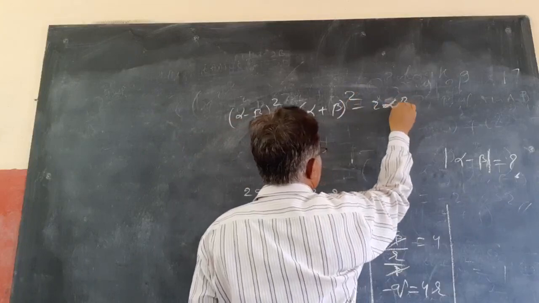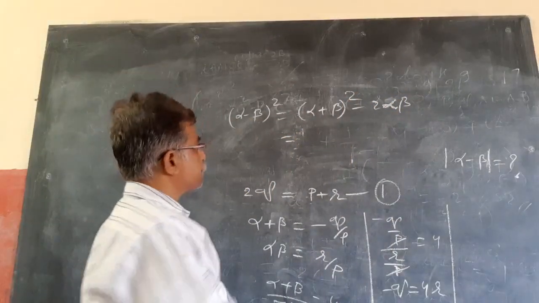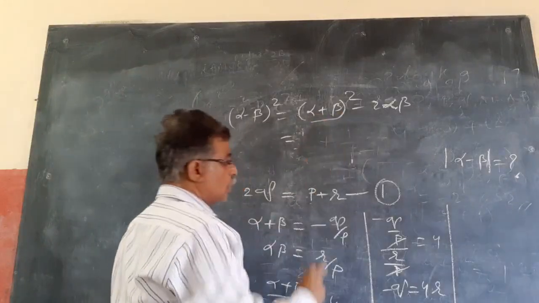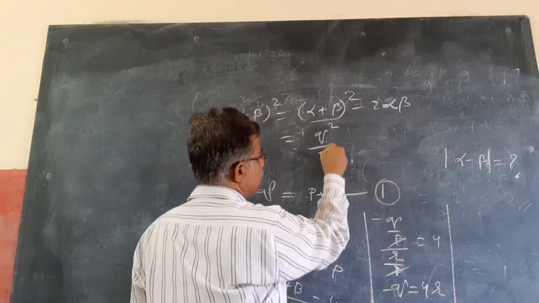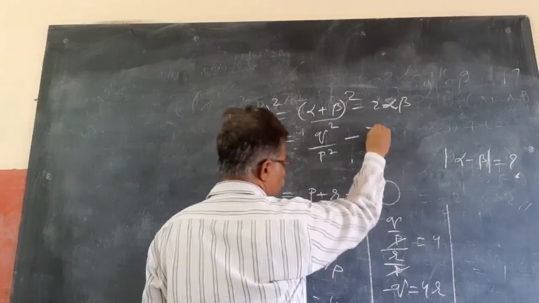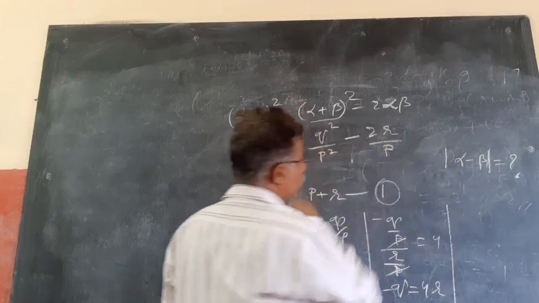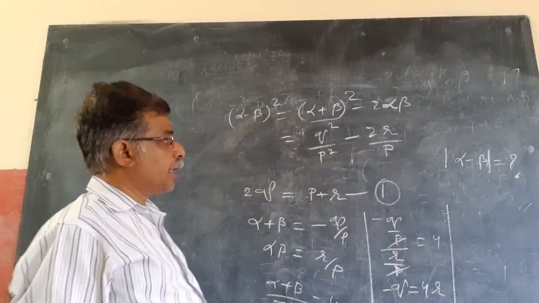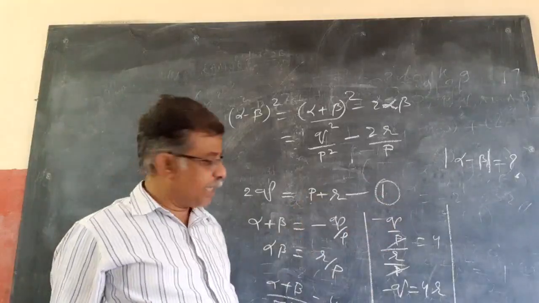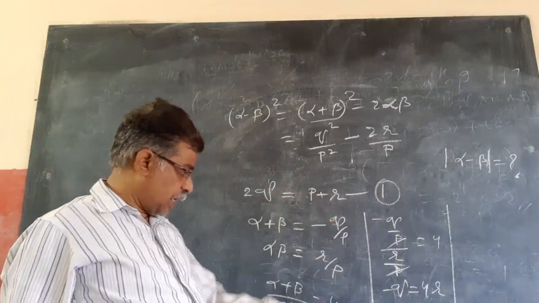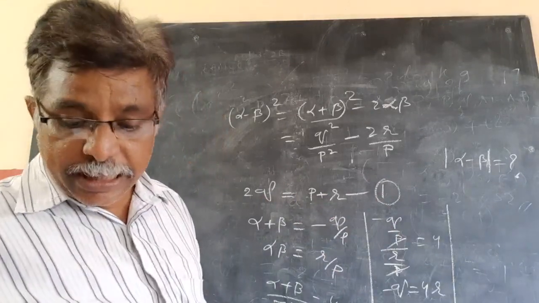Alpha plus beta, I know, is minus Q by P, so Q square by P square, minus 4 alpha beta is 4R by P. Now LCM of these two is P square. I can simplify and solve all this. I will get a relation. What type of relation am I going to get? We'll see.